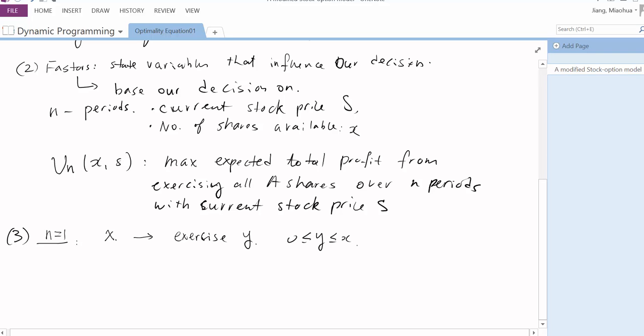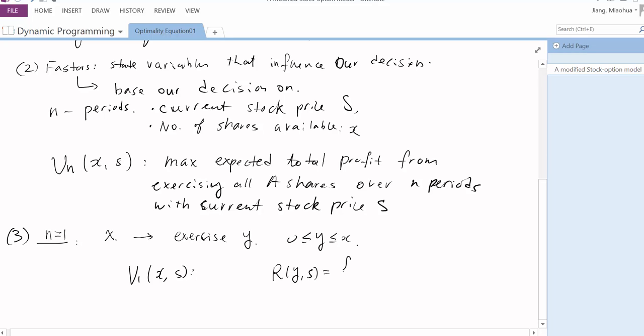And then we have the following. The stock price is S, so we have V1(X, S). We will exercise y, and then we get a profit R(S), and we know what it is.